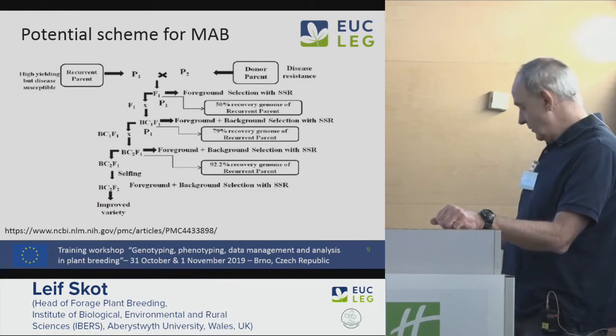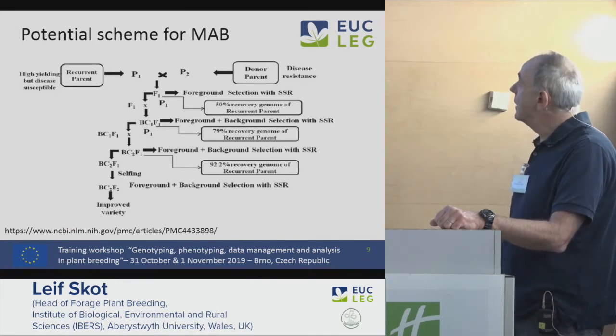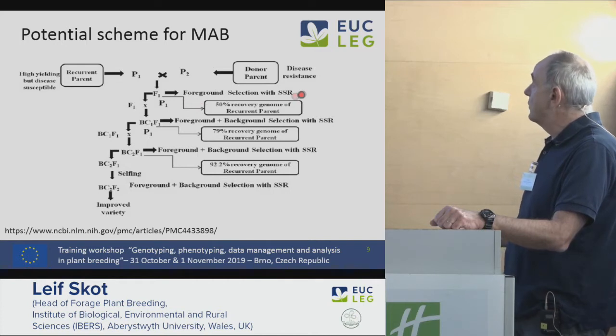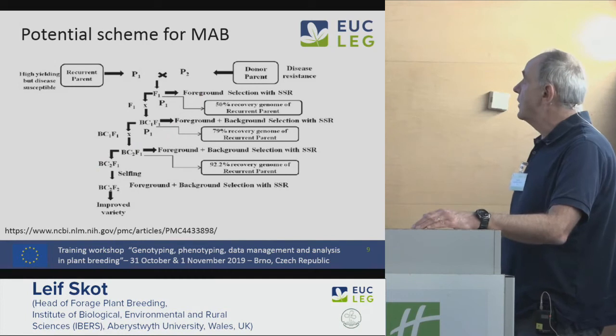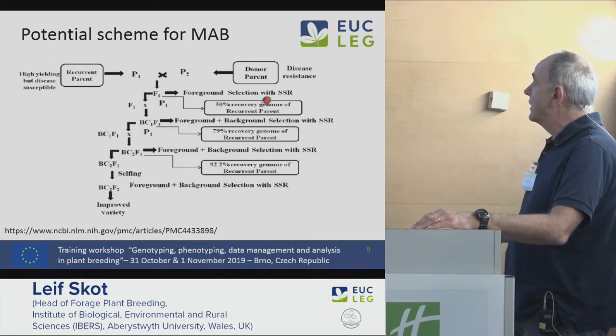You cross your two parents, and you get an F1, and you do foreground selection, for example, with an SSR marker that is almost on top of the trait QTL, and then you do backcrossing to the recurrent parent.